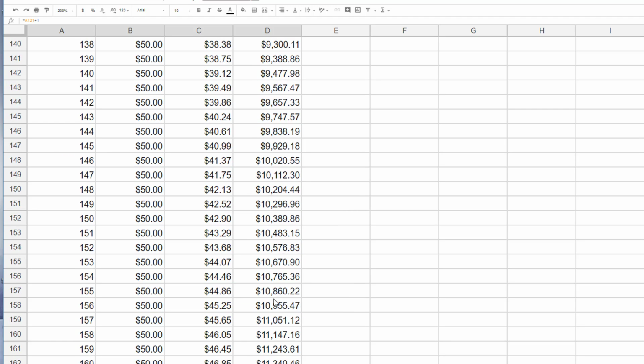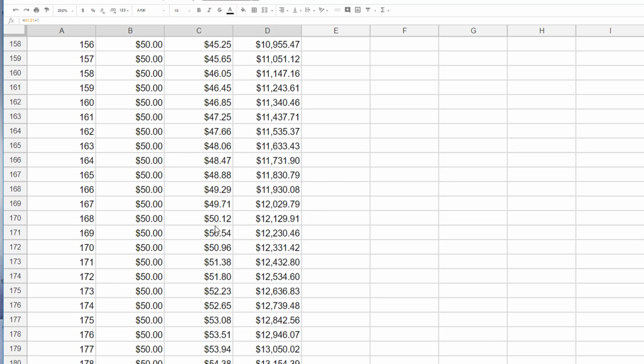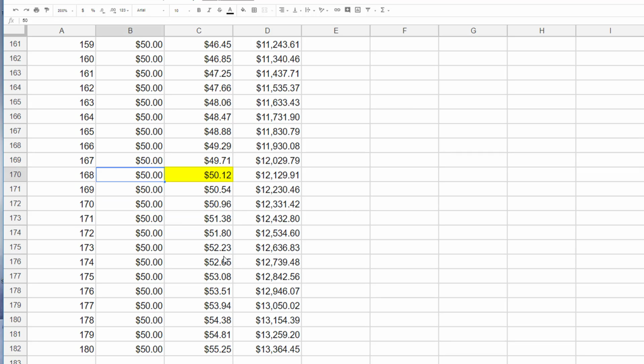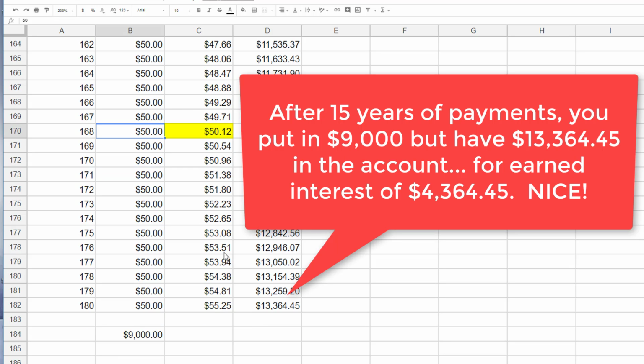If we kept this going, there would come a time right here where the amount of interest that I'm earning is more than the amount of money I'm putting into the account. So you can see the compounding interest really makes a big impact if you're the one earning the interest.